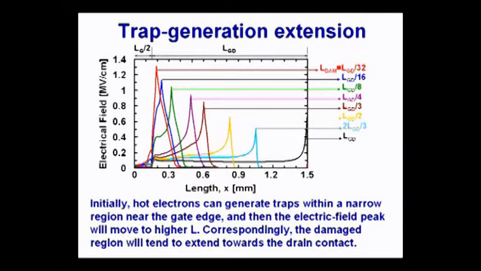After that, the electric field peak will move to higher lengths, and consequently the damaged region will tend to extend toward the drain, as the electric field will move to higher lengths.